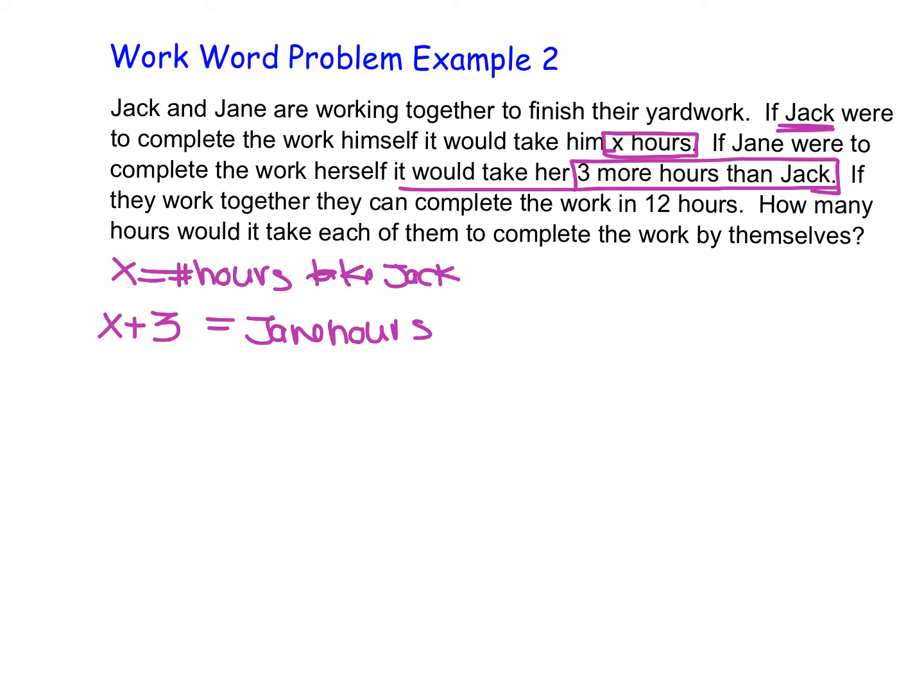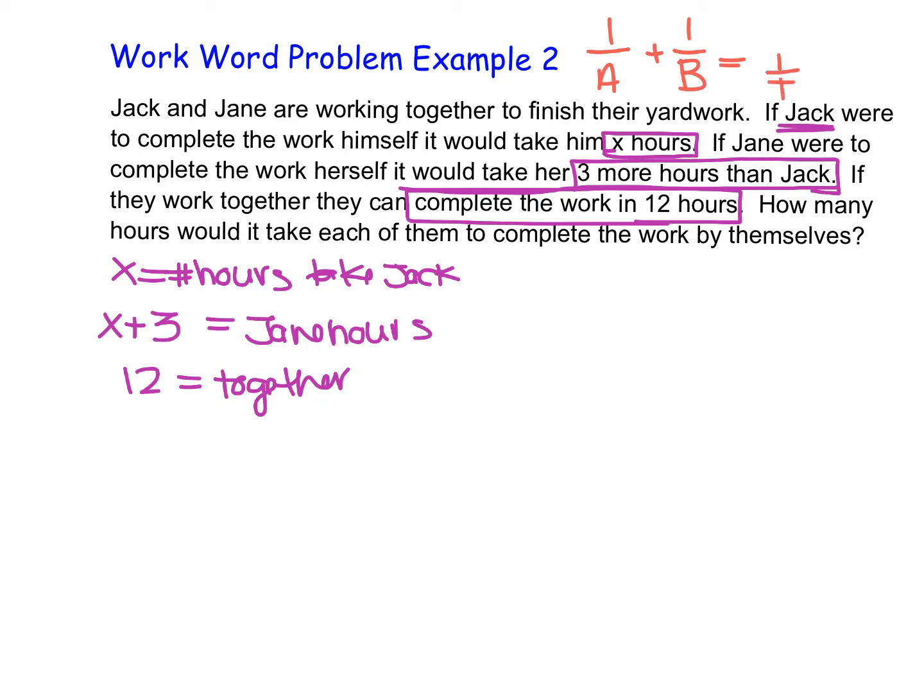We also know that when they work together, they can complete the work in 12 hours. So 12 is how long they can complete the work together. So we're going to use the same equation of 1 over A plus 1 over B equals 1 over T, but we're going to use these values instead.